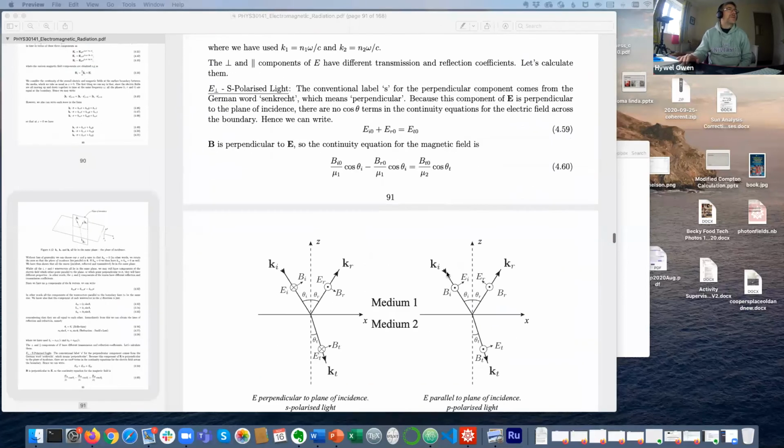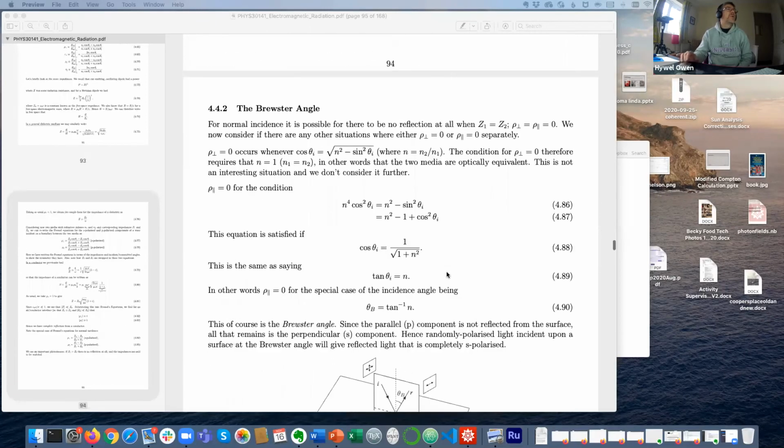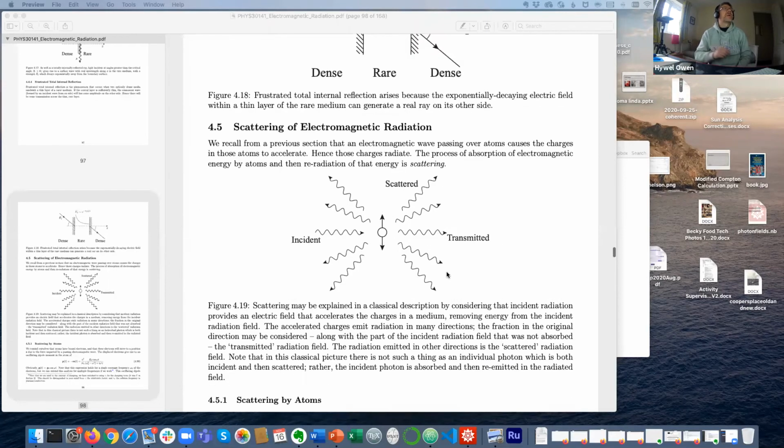Scattering is extremely important. So just to recap the idea of scattering, I will call your attention to a couple of particular ideas.